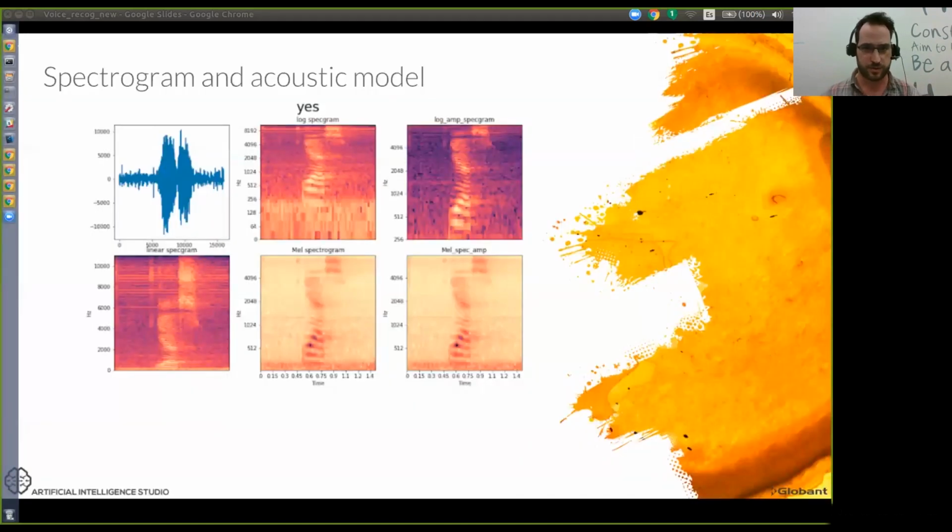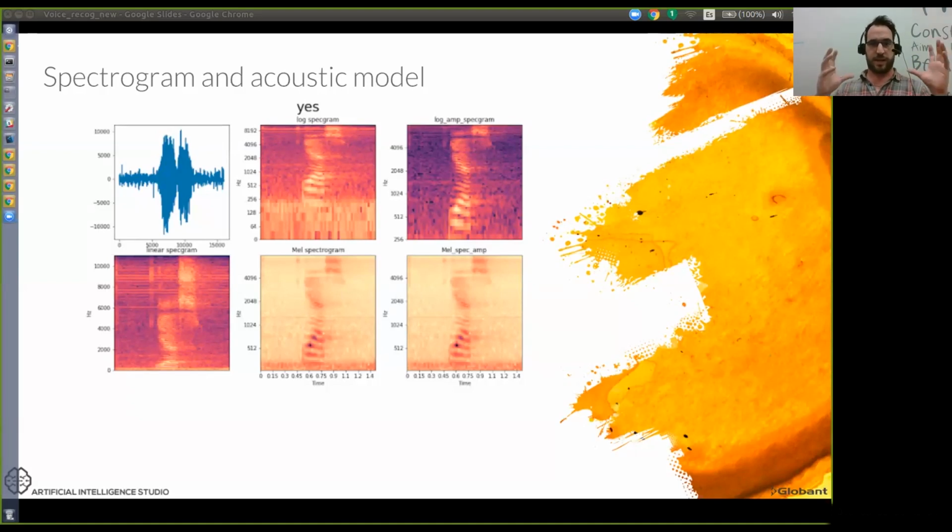Second, the spectrogram, which is a representation of sounds in the time-frequency space. The intensity of the color represents the wave amplitudes. This is complemented with the association with words in acoustic models. What we have here is time on the x axis and frequency on the y axis, the scale of the frequency can vary and you can choose many of them, and the intensity of the color is the amplitude.